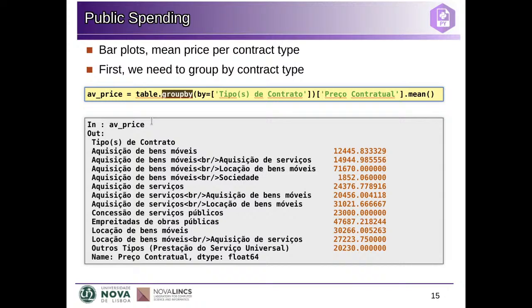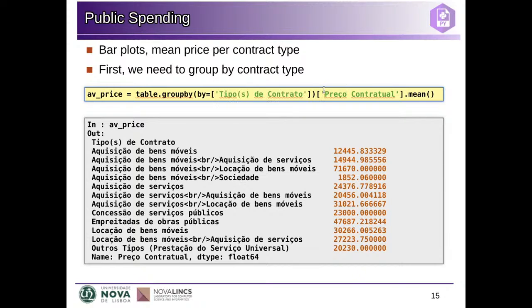So remember, this table is our data frame with all the contract information for the files that we loaded. And group by allows us to specify which columns we are going to use for the group. So in this case, we're going to use the contract type, tipos de contrato, to group our rows.